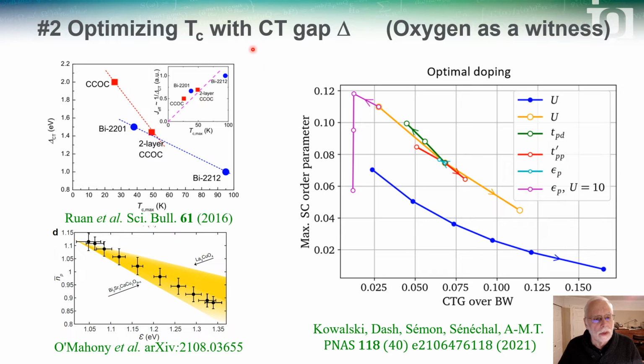Let us continue with the comparison between calculation and this second experiment that correlates TC with the charge transfer gap. So here is the d-wave order parameter as a function of charge transfer gap. And as you can see from the calculation, maximum superconducting order parameter as a function of charge transfer gap gives this same inverse correlation as that was observed experimentally.